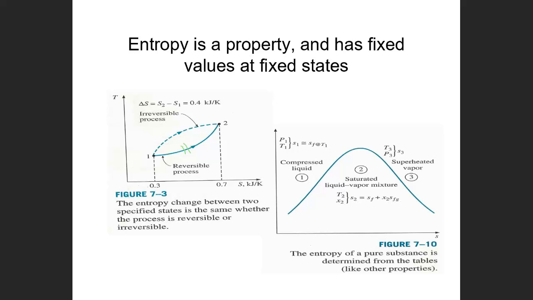To find the entropy, we know how to define if it's compressed, superheated, or in the wet region. If it's in the wet region, we have to calculate the dryness fraction. After we know the dryness fraction, we can calculate all other properties.